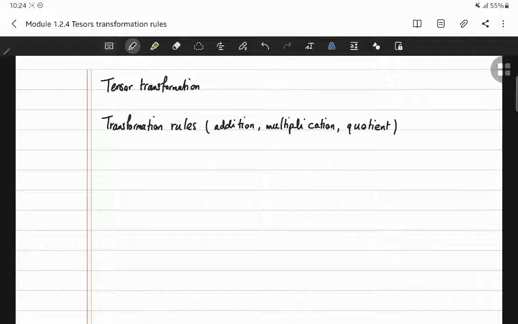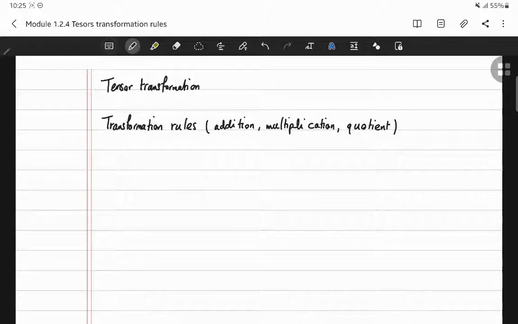This module is one of the most important modules in tensor algebra, and it's about tensor transformation and transformation rules. So, in the first part, we review the tensor transformation.